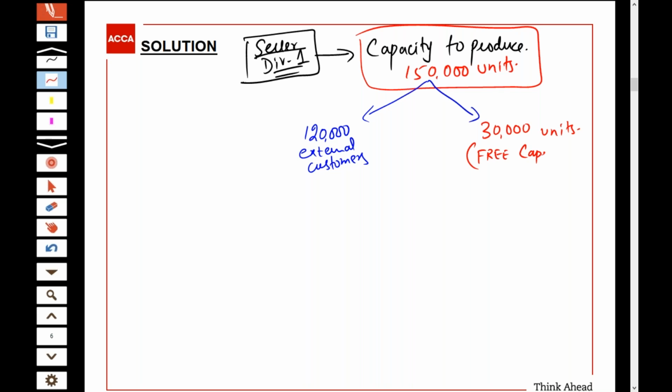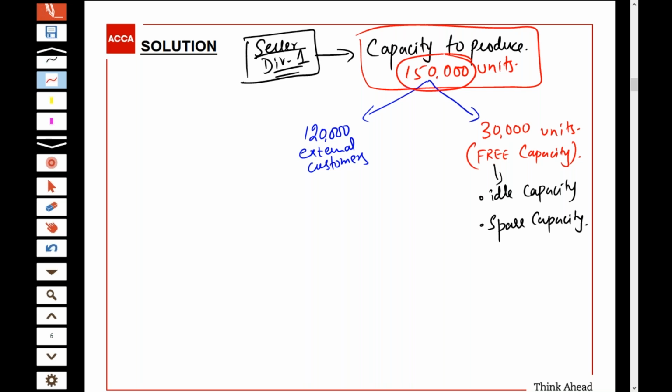What do you mean by the term free capacity? You can memorize these words: either free capacity, idle capacity, or spare capacity. Now just listen and use your calculator. 150,000 units is the capacity of the seller division.